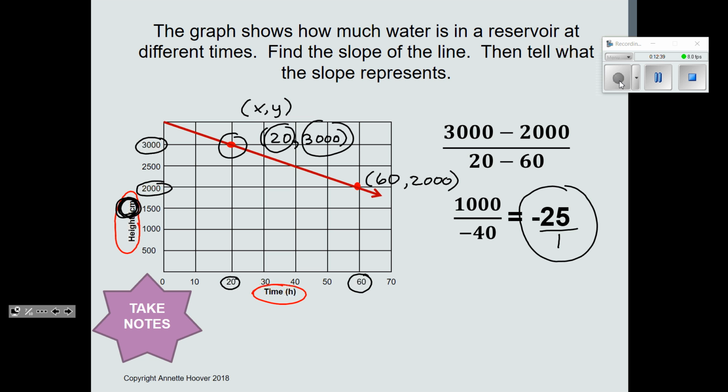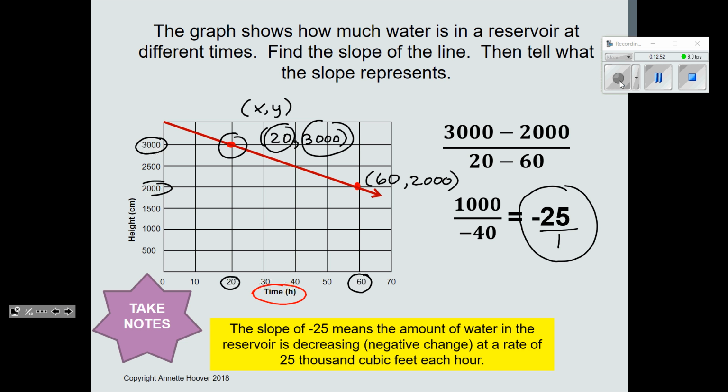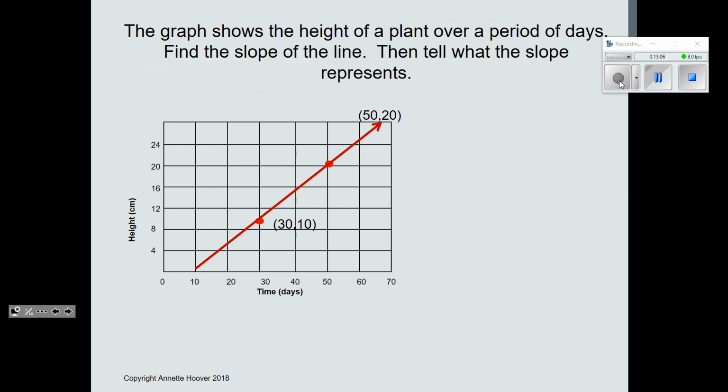If you look over here at how it's labeled, 25 centimeters of water per hour. That seems like a lot. Down there it says cubic feet, and I don't know why that says cubic feet, because this says centimeters. Cubic centimeters.